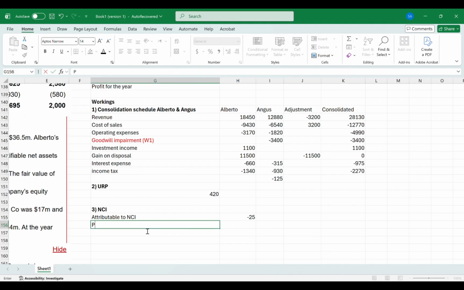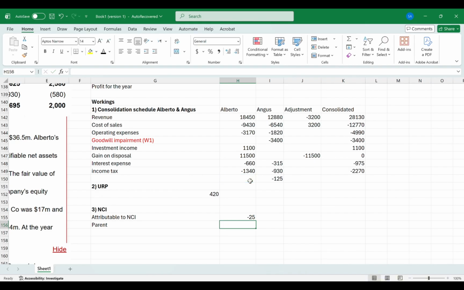Now the profit attributable to the parent is the balancing figure. So how are you going to get the balancing figure? Just get the sum function here.